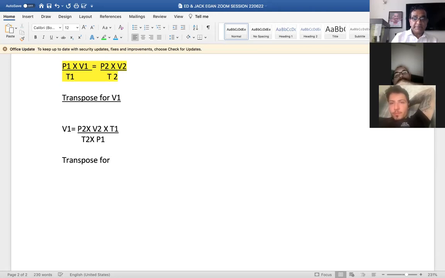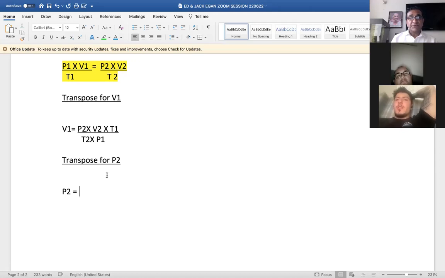Transpose for P2. So we want P2 equals. Right, so let's do the first bit. So what's P2 to start with? P2 equals. So as it changes, P2 will be the divisible sum.